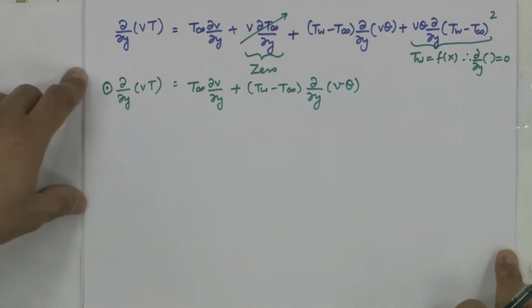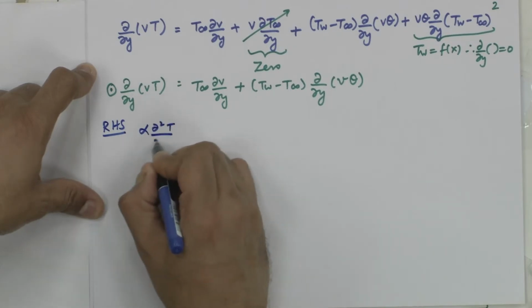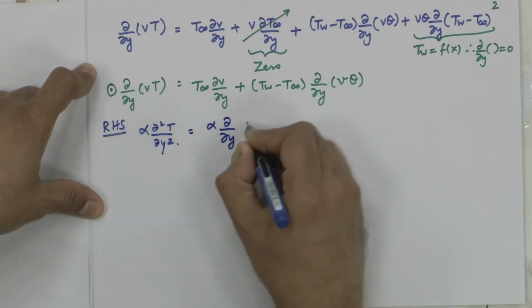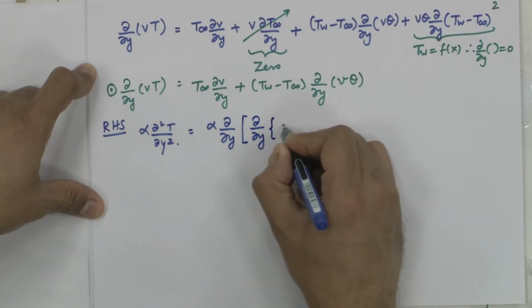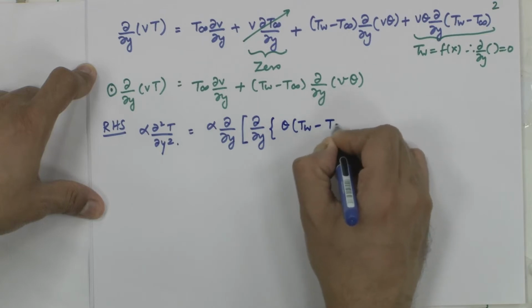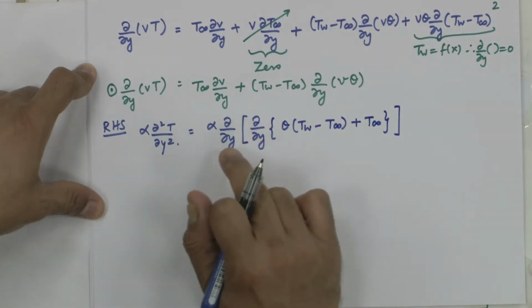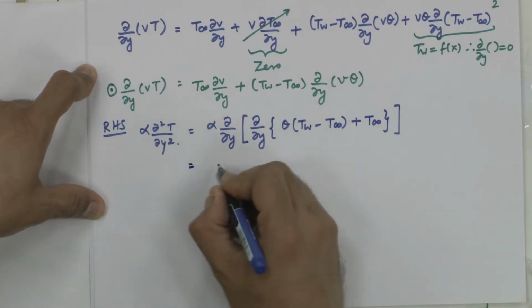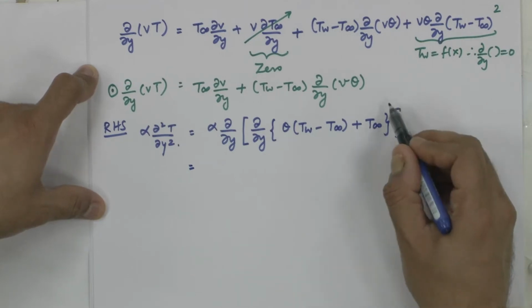So, the left hand side we have written, the right hand side now we take first term, alpha d square T by dy square, that is alpha d by dy of dT by dy, where T is nothing but theta into Tw minus T infinity plus T infinity. D square T is d by dy times the derivative, and I have opened this way. So, I get this as T infinity is not a function of y, so the derivative of this will go to 0.